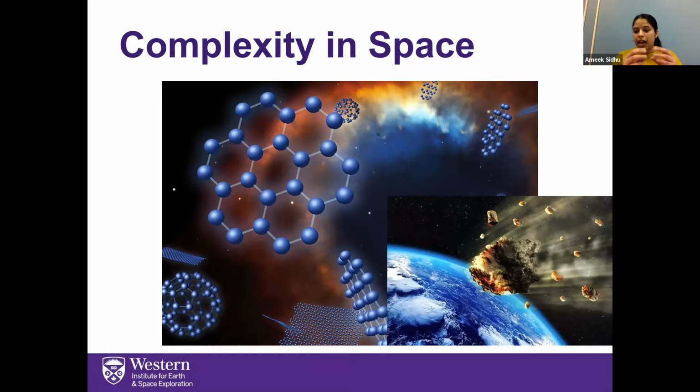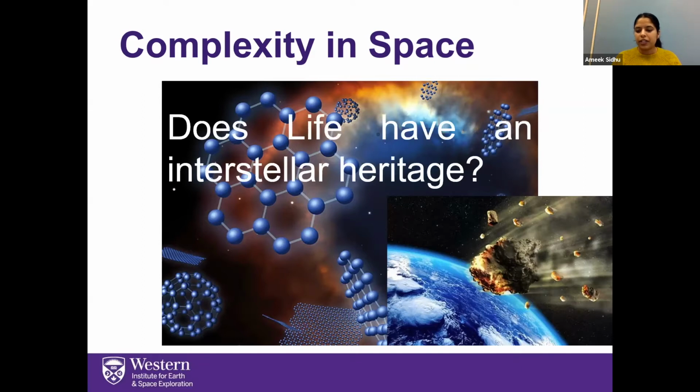When we study asteroids and comets, we do find evidence for amino acids in there, which are building blocks for life. So this gives us an explanation that maybe life really originated in space. It brings us to the question that we really have to test: does life have an interstellar heritage?